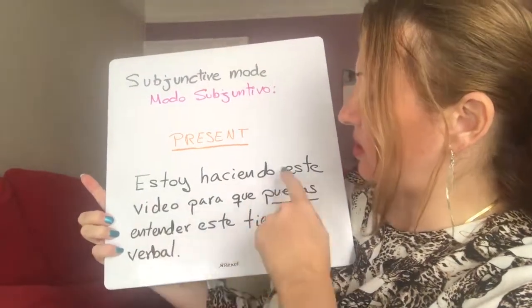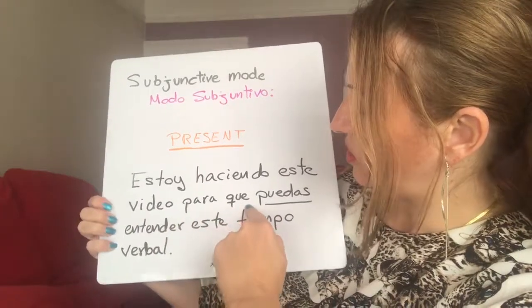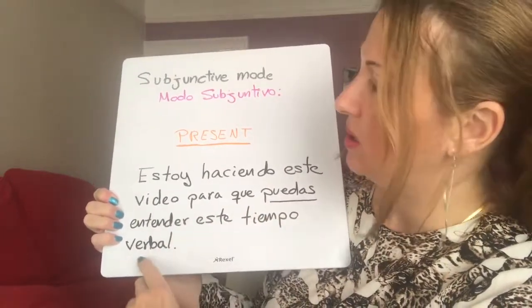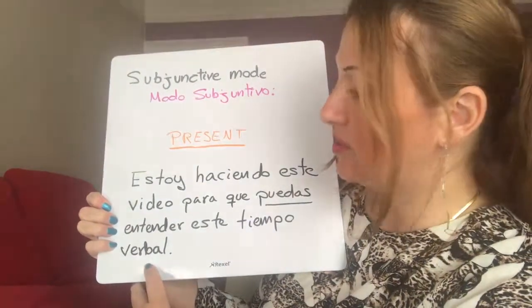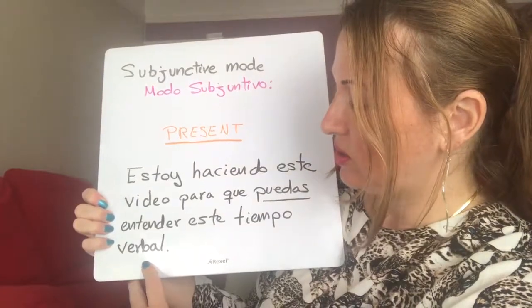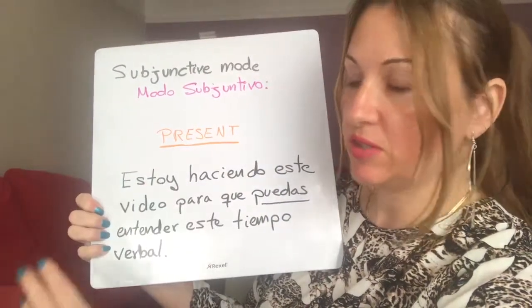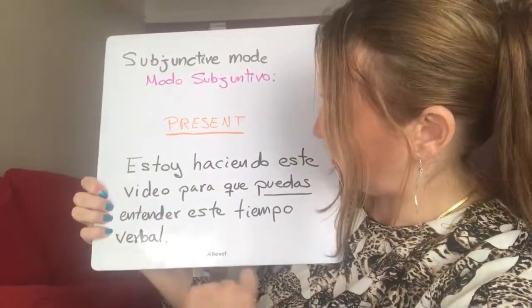So I am doing this video for you to be able to understand this verb tense in the subjunctive mode. So I'm doing it with a purpose, and it's for you to be able to understand it a bit better.